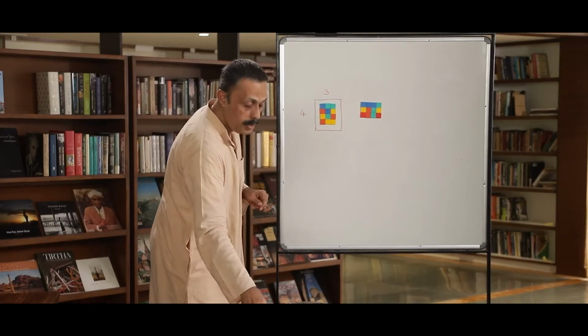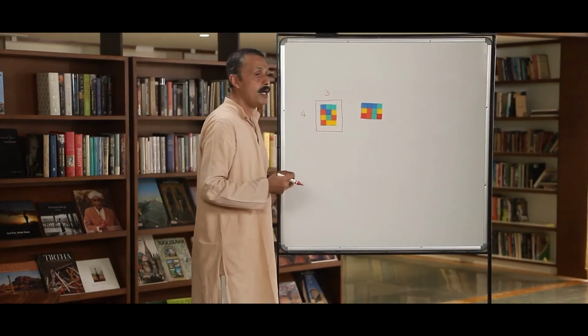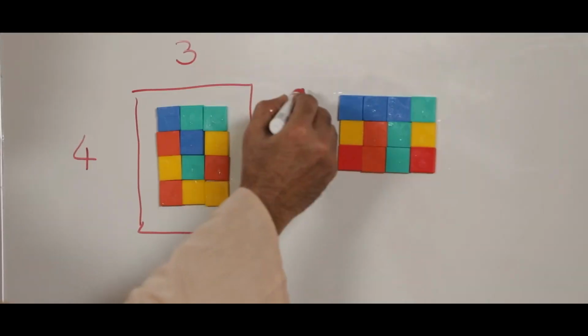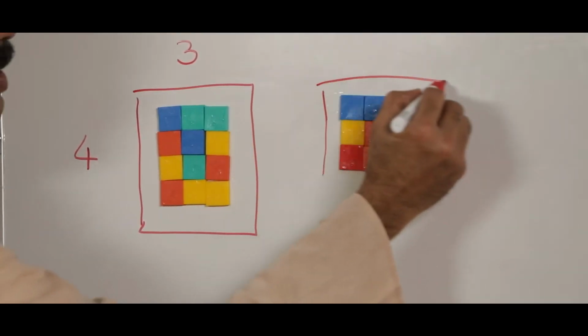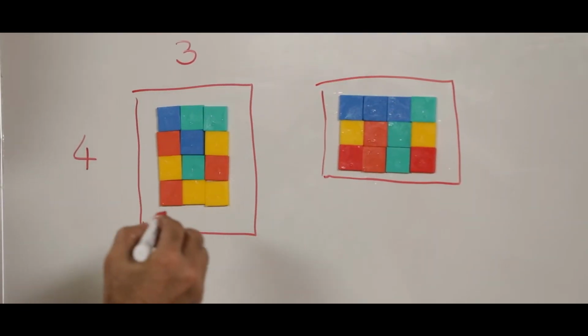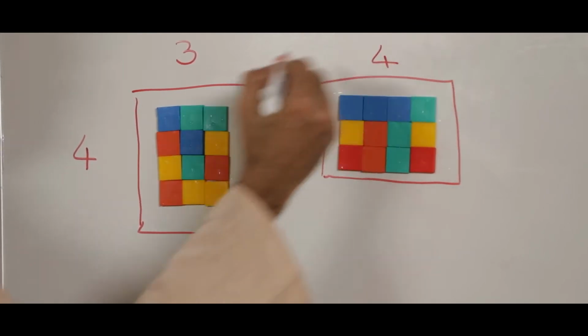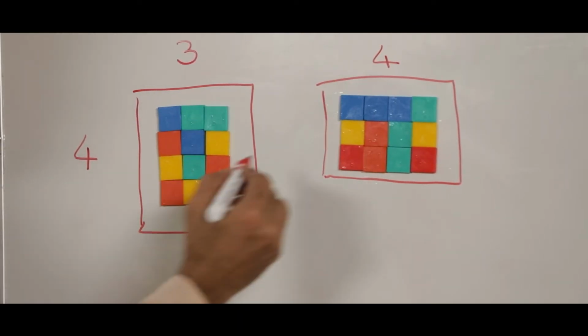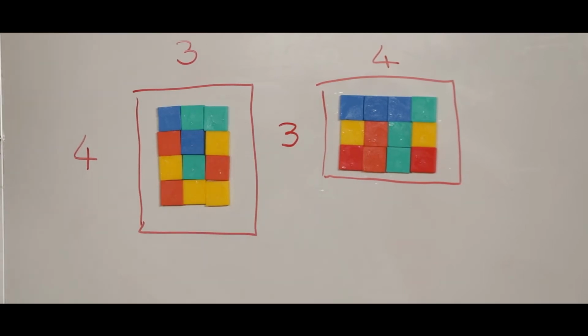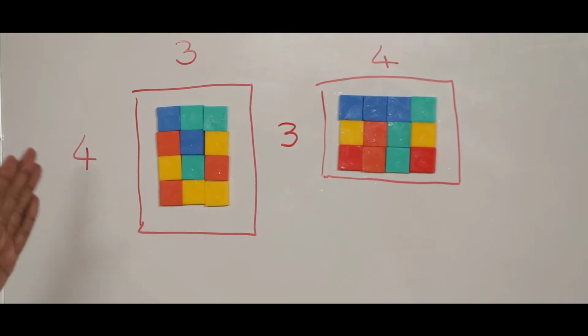Therefore, if I add 3 squares 4 times, or when I multiply 3 by 4, what shape did I get? I had 4 square counters. I arranged them 3 times. What did I get? I multiplied 4 by 3.